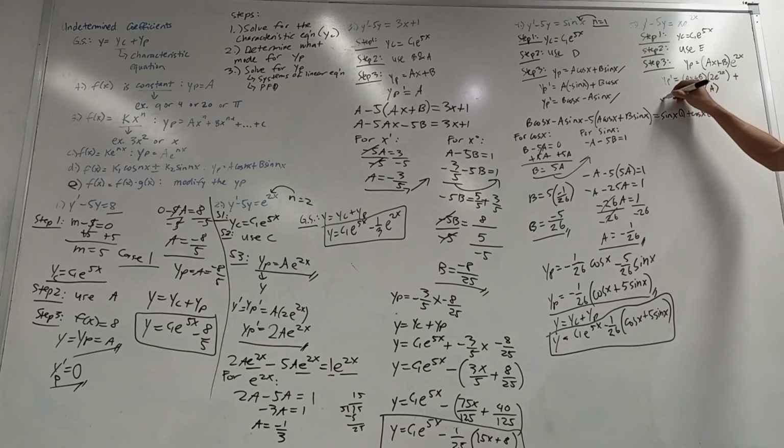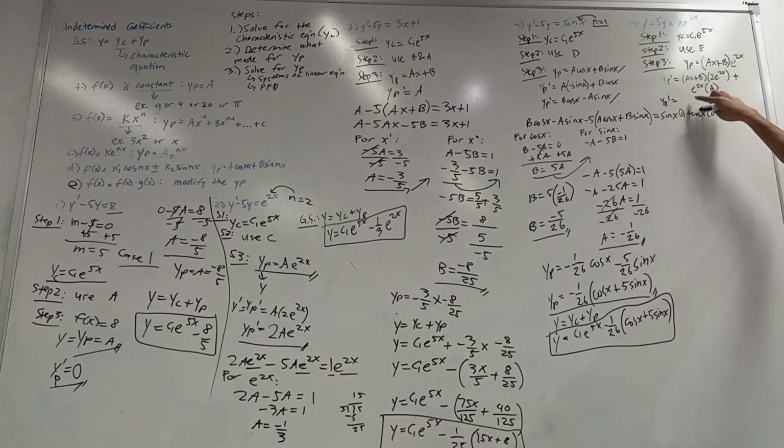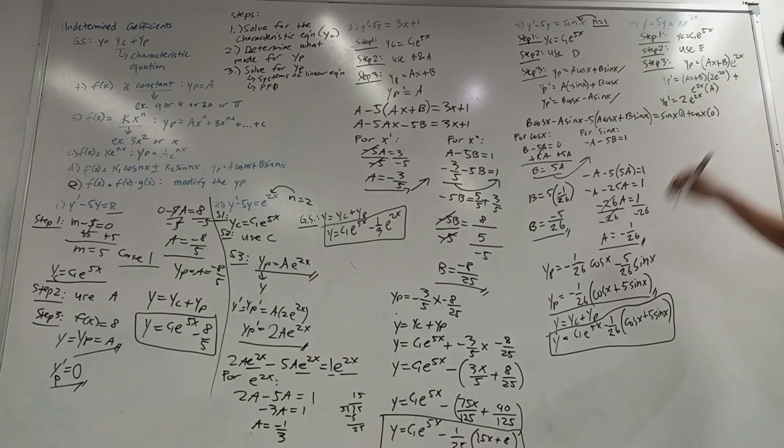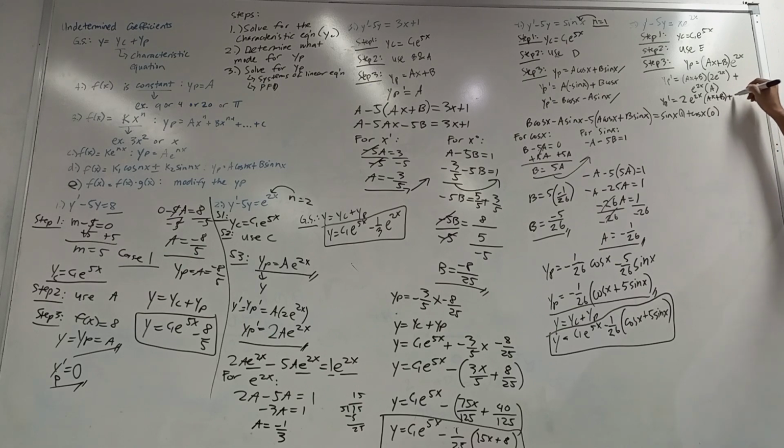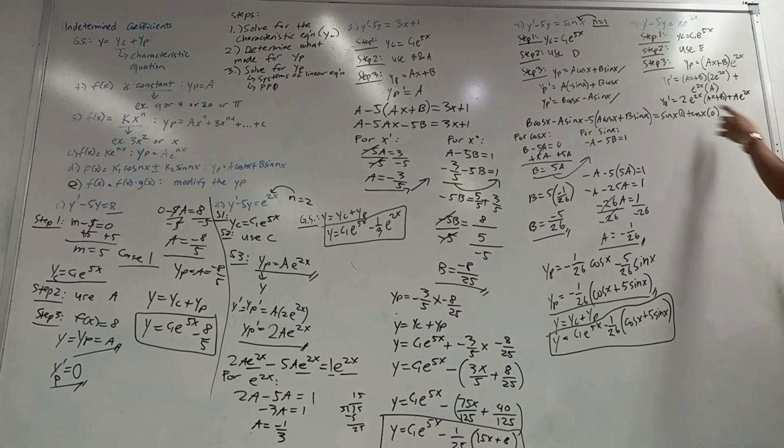So, meaning ang yp prime natin is equals to 2e2x ax plus b plus a e raised to 2x. So as we can see, common on both terms yung e raised to 2x.